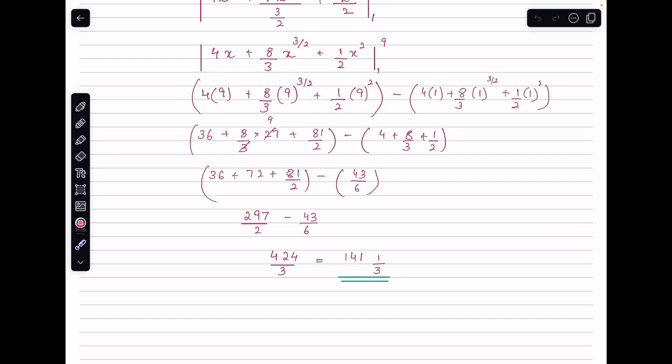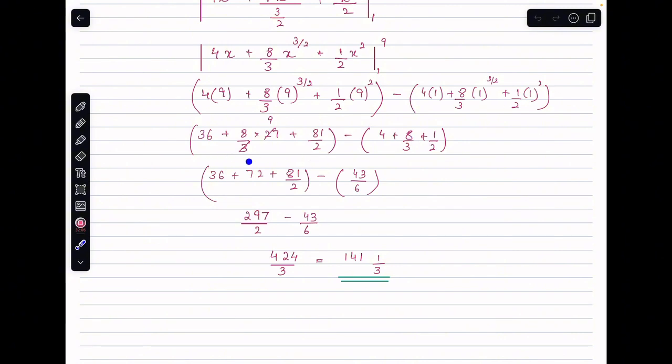So solving this, 4 nines are 36, and then plus 8 by 3. 9 to the power 3 by 2 is 27, and then 81 by 2, minus 4 plus 8 by 3 plus 1 by 2.